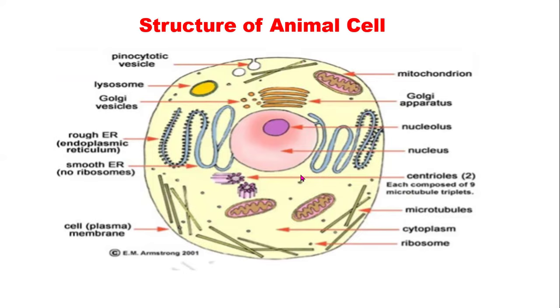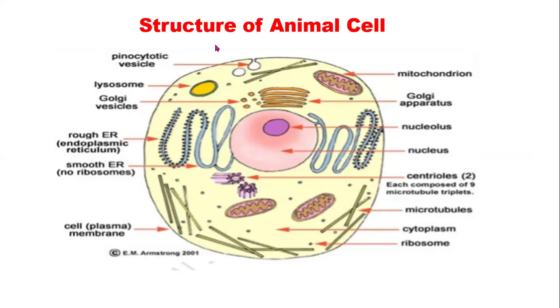Different cells have different shapes, but this is a typical example of an oval shape. It's not typically round, but looks more oval. If you look at it, there are various components.